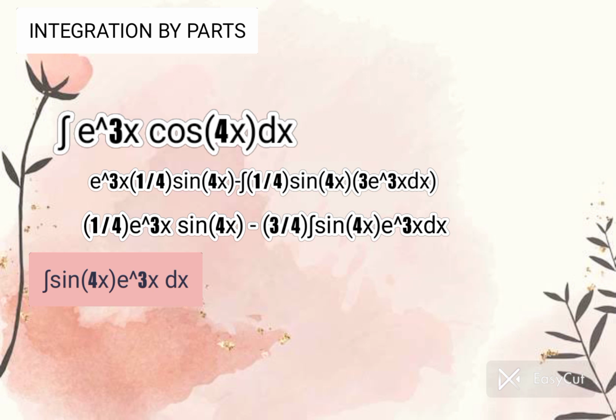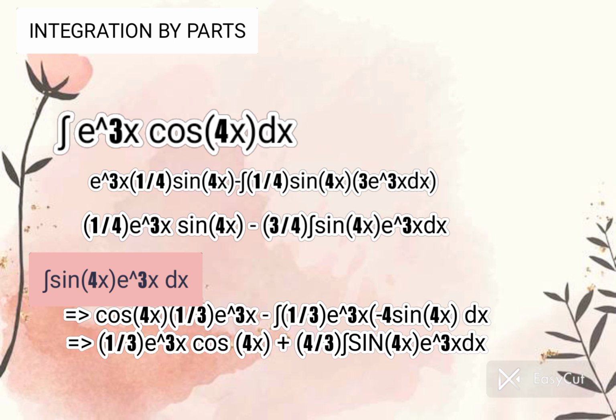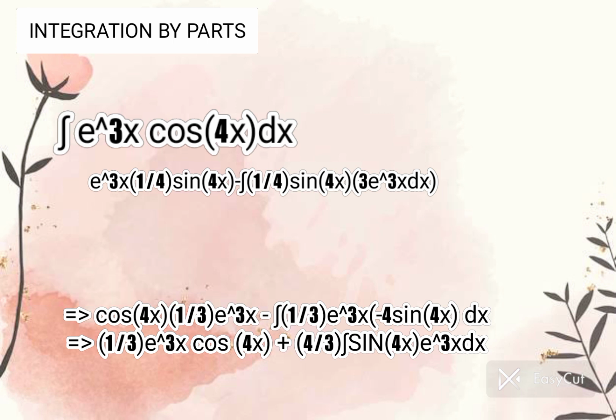Then applying the integration by parts formula, we have cosine 4x times 1/3 e raised to 3x minus the integral of 1/3 e to the 3x times negative 4 sine 4x dx. So we have 1 over 3 e raised to 3x cosine 4x plus 4 over 3 the integral of sine 4x e raised to 3x dx.